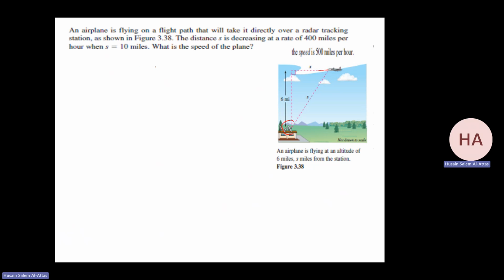So I have an airplane going in this direction, and I have a radar here. As shown in this, the distance between the airplane and the radar, he calls it S, for sure is decreasing, and decreasing at this rate. So ds by dt is minus 400 when S equals 10.